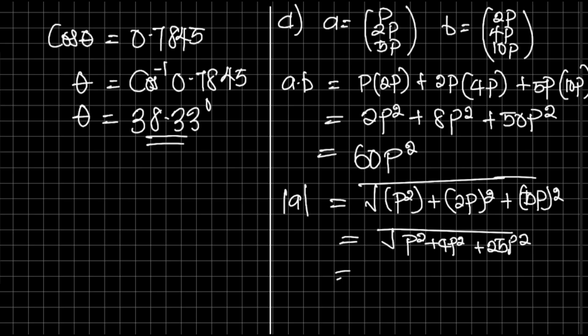Okay, and that is 4 plus 1 is 5, or 30. So that is the square root of 30P squared, which is P root 30.